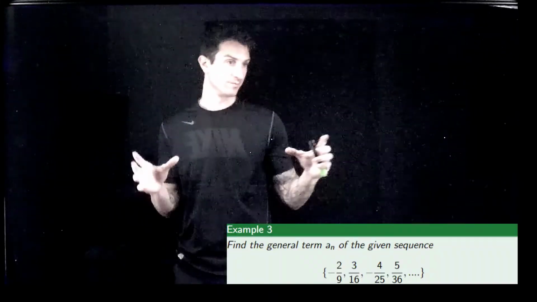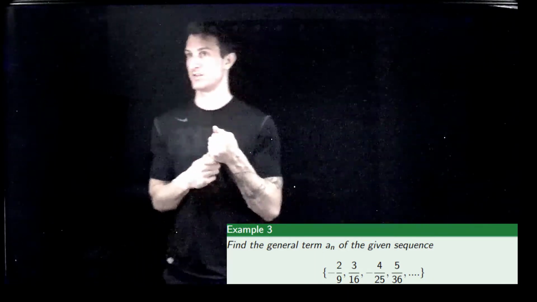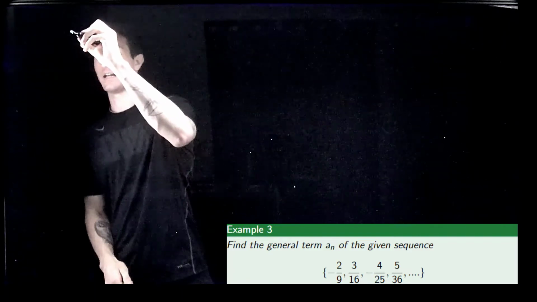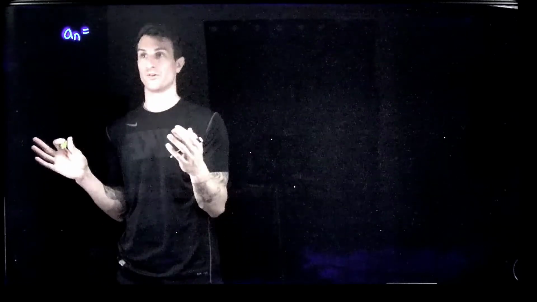So I might have lied. One more question before we get to the calculus part. So before we were giving you the general term, so I was giving you, let's say, a sub n is equal to some function, and then you were writing out the terms. So now we're going to go the other way.